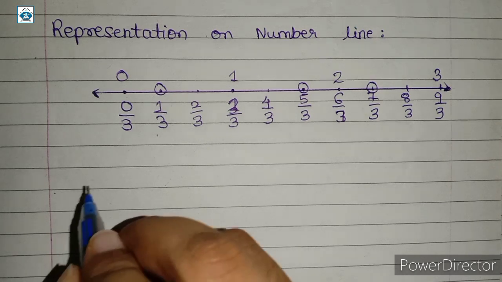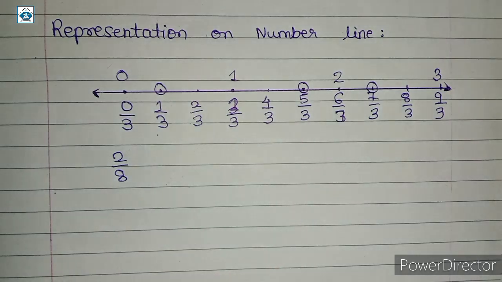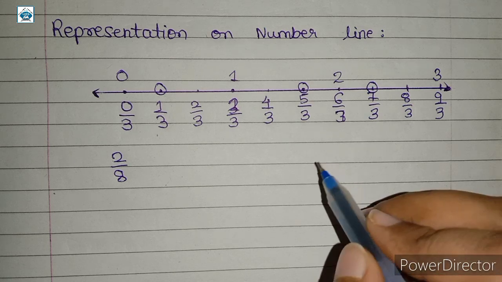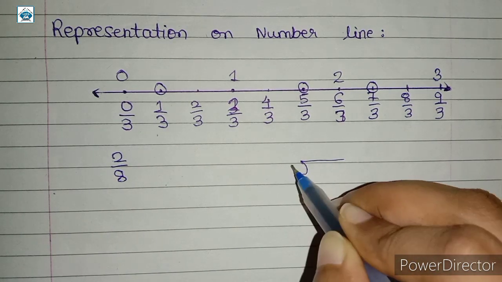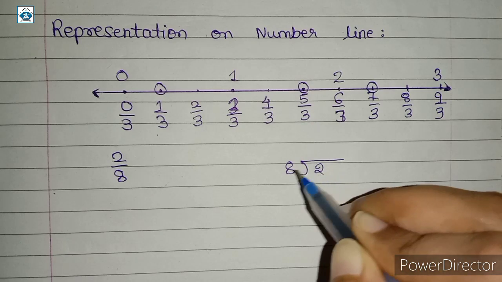What if we were asked to represent the number 2 by 8 on the number line? How can we represent the rational number 2 by 8? First of all, we need to find out between which two numbers 2 by 8 belongs. So here we can simply divide by 8, and here we will write 2. So we are dividing 2 by 8.